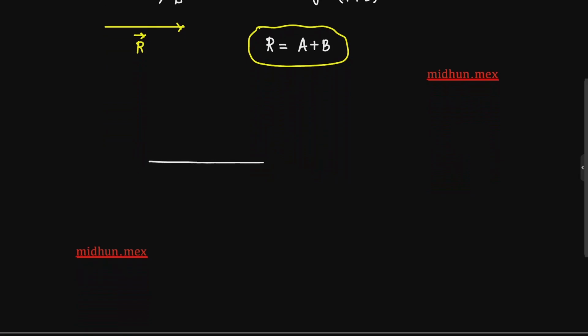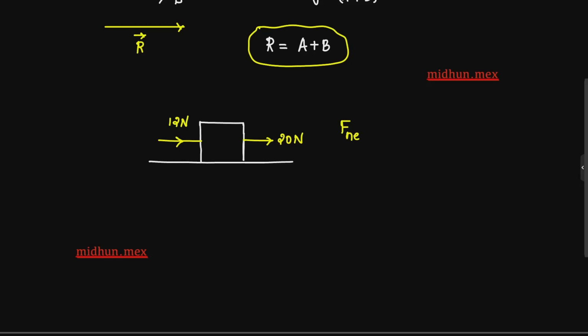As an example, I am going to show you one figure. Suppose in this question, I draw a rectangular block like this. In this rectangular block, we are applying two forces. One force I applied, let us say 20 Newton, and another force, let us say 12 Newton, like this. The question is to find the net force.